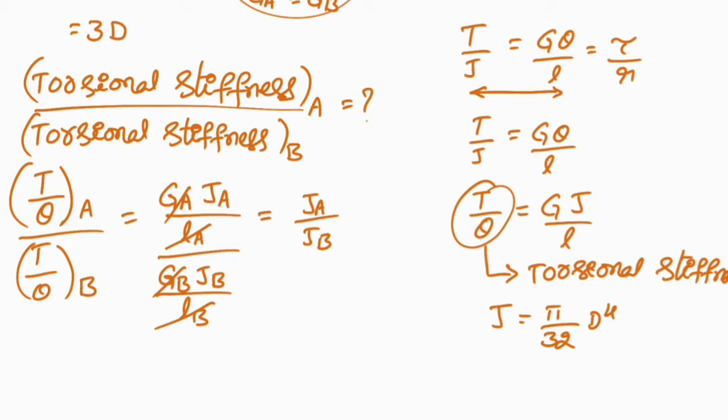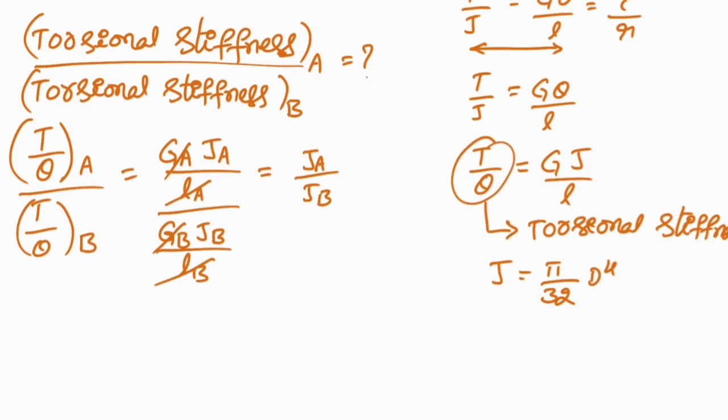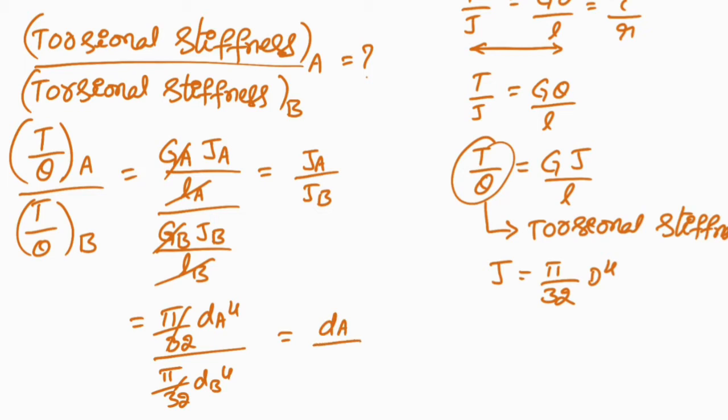Now JA by JB can be written as pi by 32 into dA power 4 divided by pi by 32 into dB power 4. Pi by 32 cancels. It is equal to dA by dB whole power 4.